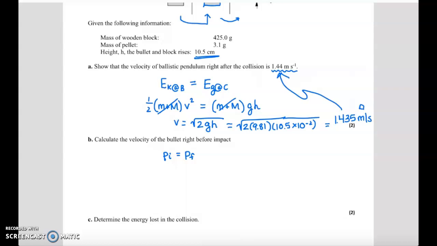So before, we have the mass of the bullet times the initial velocity of the bullet. That's what we're trying to calculate. And after, we have the bullet and the block with the final velocity that they move away together. We know the mass of the bullet, and we're looking for the initial velocity, the velocity right before it hits.